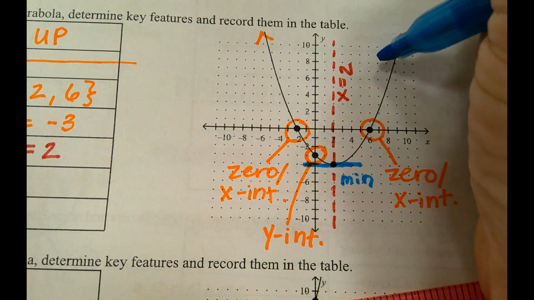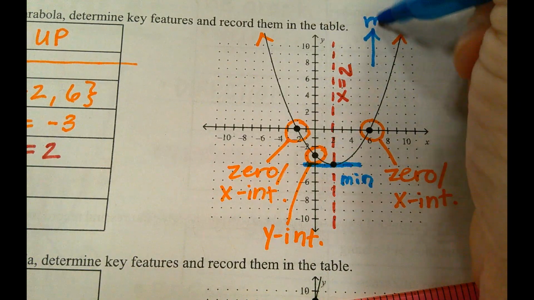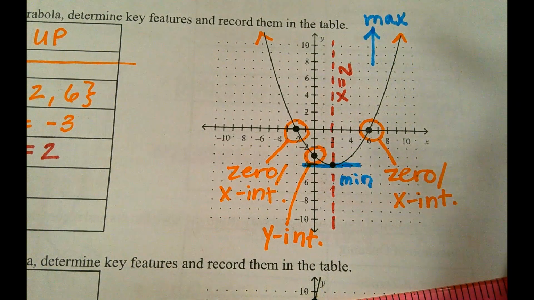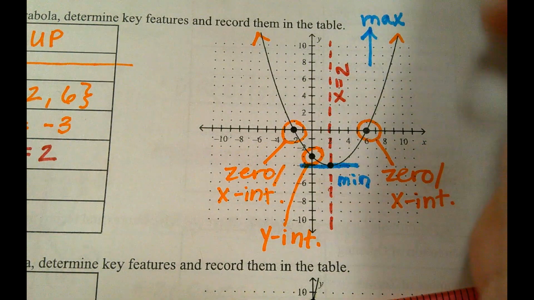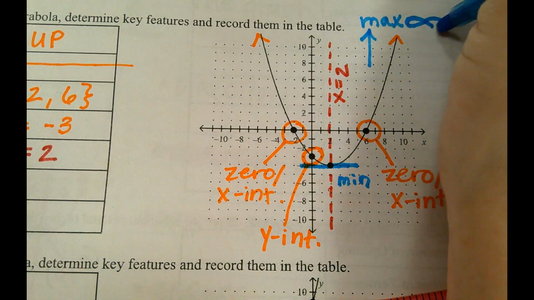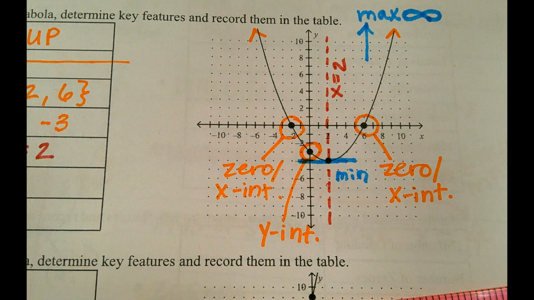And then my max is up here. And we would label it as infinity. Sideways 8 is what that looks like. So I'll show you how to write that. This is going to be a sneak peek. This will be a bonus question. So just so you know, when the quiz comes, it'll be a bonus.